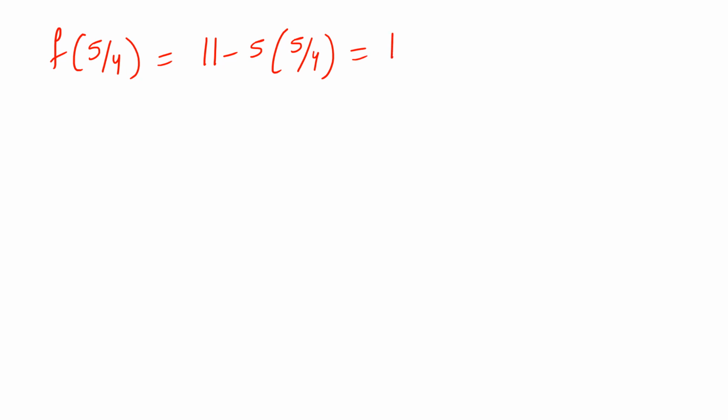Now students, the value of the function at x = 5/4 is equal to 11 - 5 × 5/4, which is equal to 11 - 25/4, equal to (44 - 25)/4, which is 19/4, right?